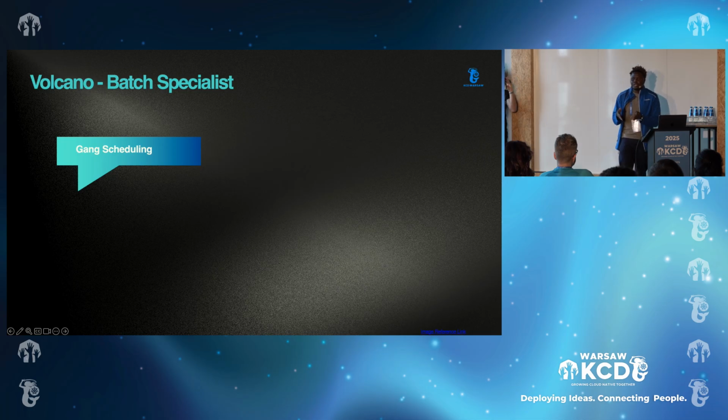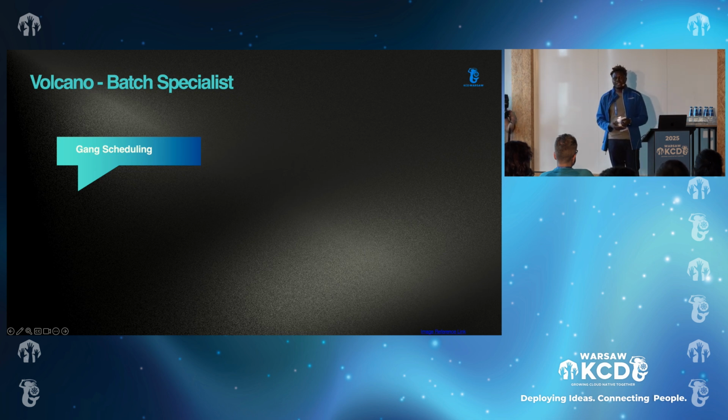Because for every job that you have, there is a specification called minimum available. Basically, you're saying that even though I want 3 replicas, I want at least 2 to be scheduled at the same time. So Volcano creates a session and confirms whether it can schedule 2 pods at the same time, even if you have a replica of 3. If that condition is not met, then that particular pod or job is not scheduled at all. Then it waits for the next session.